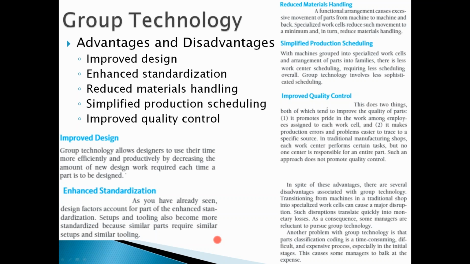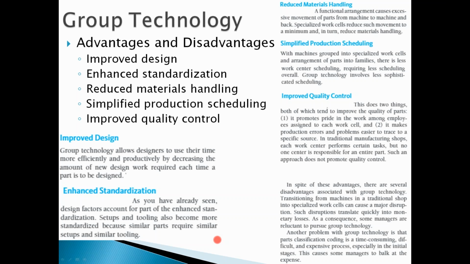Setup and tooling also become more standardized because similar parts require similar setup and similar tooling. With that, you can save a lot of time because you have the same kind of setup, same kind of tooling. You don't have to change to a different tool when you work on a different object. This is why group technology has a lot of advantages.